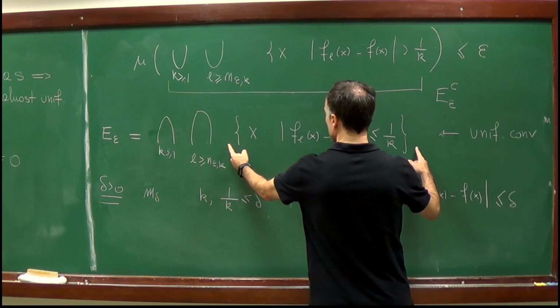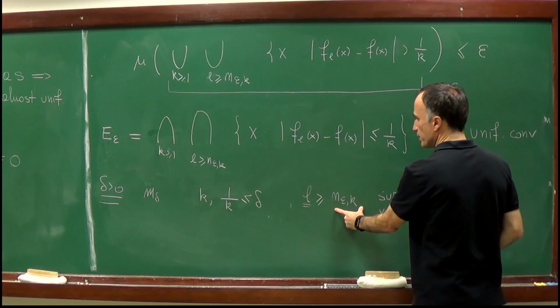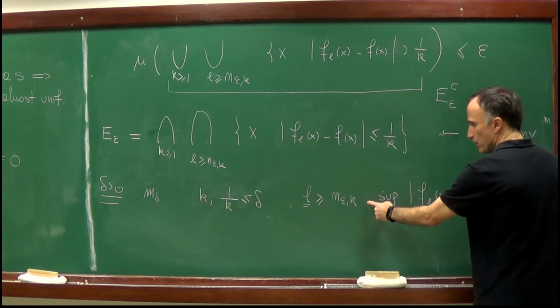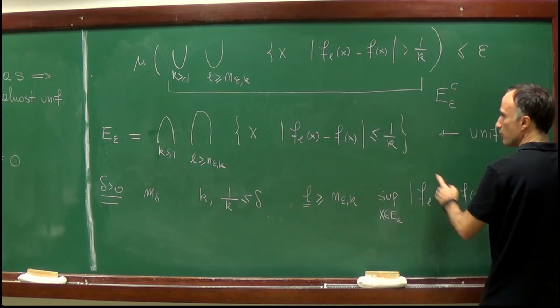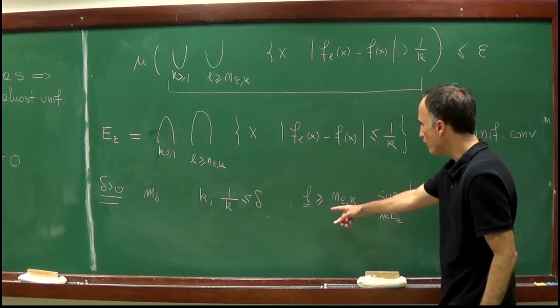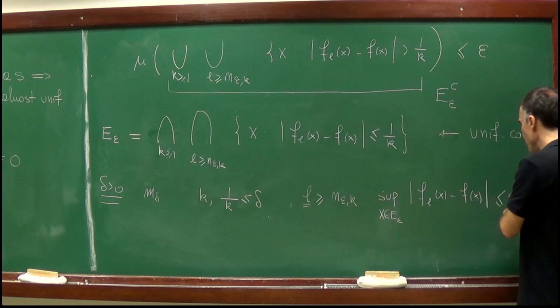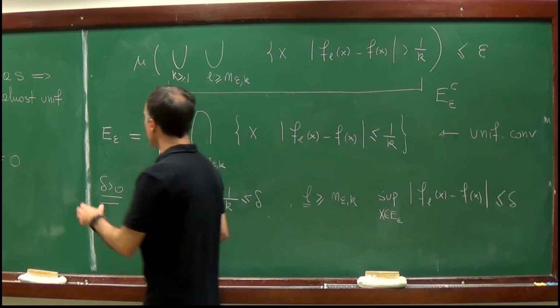So it belongs to this set which depends on L for all L larger than n epsilon k. Which means that if I take L larger than n epsilon k, since it belongs to this set, this difference is bounded by 1 over k, but 1 over k is bounded by delta. So this proves that indeed, for all L larger than n epsilon k, this supremum is bounded by delta, and this proves uniform convergence on E epsilon, right?